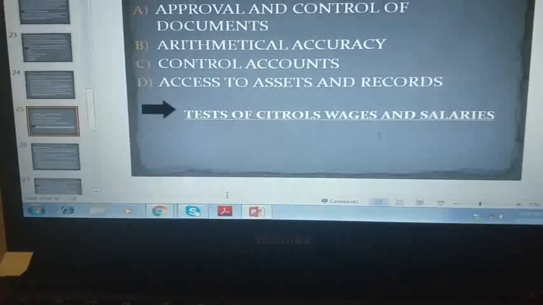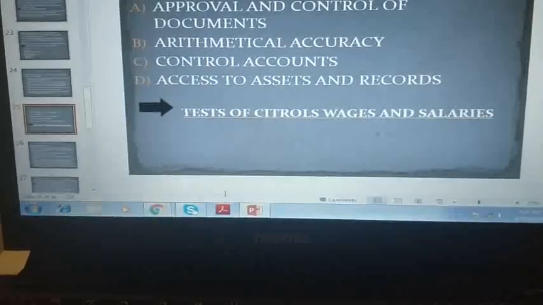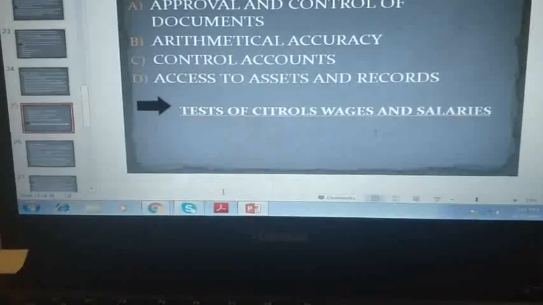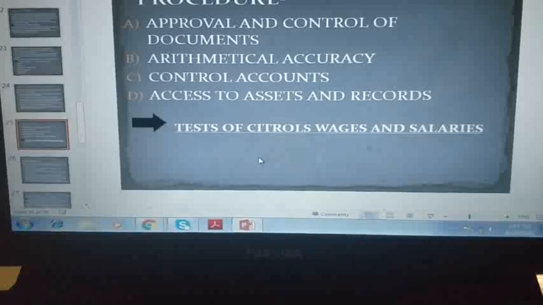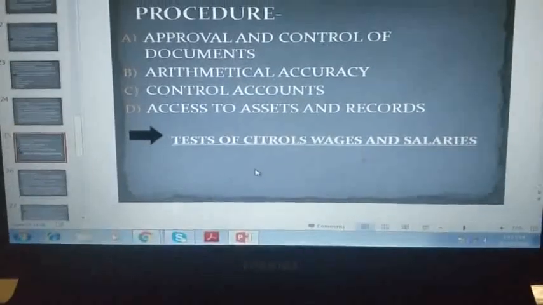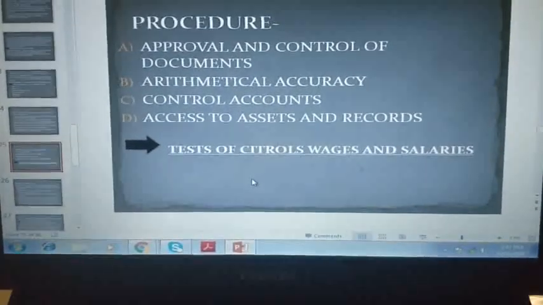You should examine evidence of checking of payroll calculations. When you calculate wages and payrolls, you should also have evidence that these payrolls are calculated appropriately and effectively.